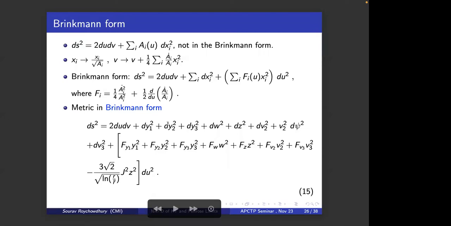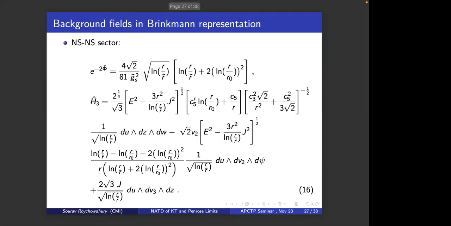However, this is the metric in the Brinkmann form, so we also have to express the background fields in the Brinkmann form. So these are the background fields. This is the dilaton in the pp-wave limit, and this is the NS-NS flux in the pp-wave limit in terms of the Brinkmann representation.